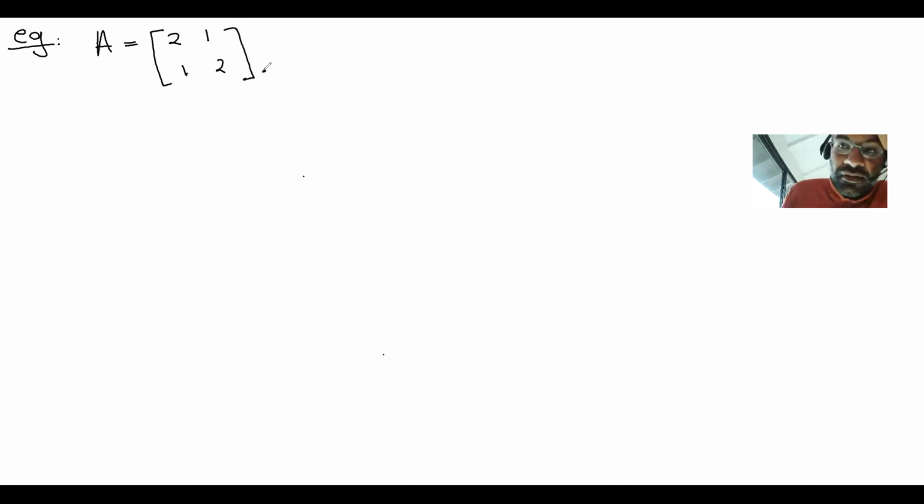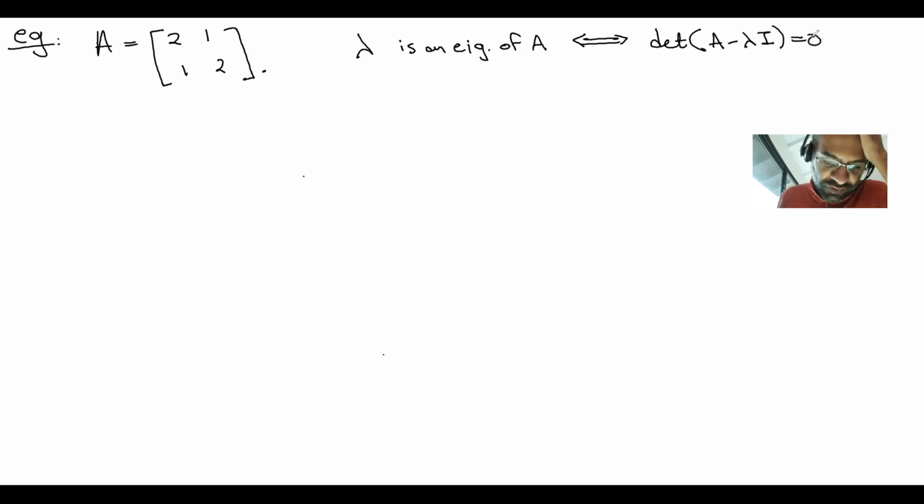Okay. So now the point is that what we just observed is that lambda is an eigenvalue of A if and only if the determinant of A minus lambda I equals 0, right? That's what we wrote on the previous slide. So let's calculate the characteristic polynomial.